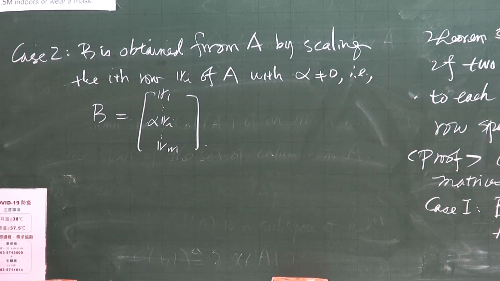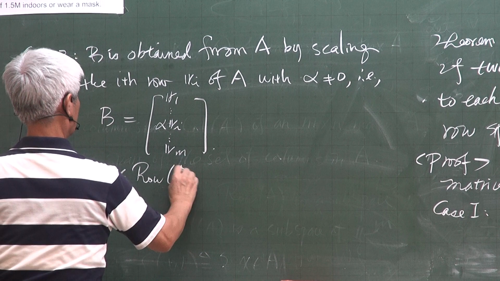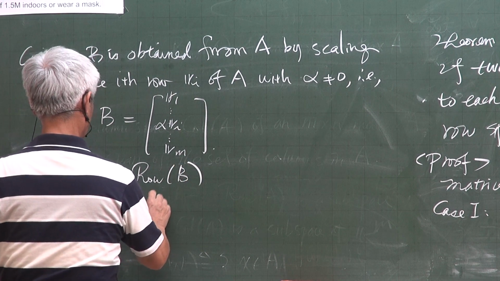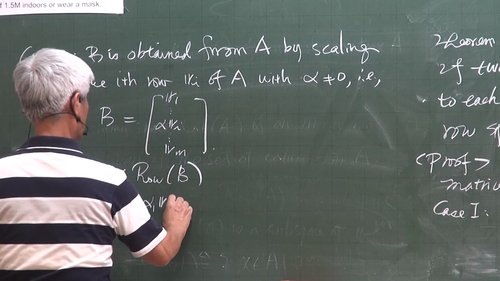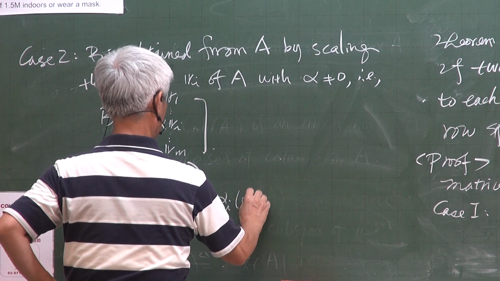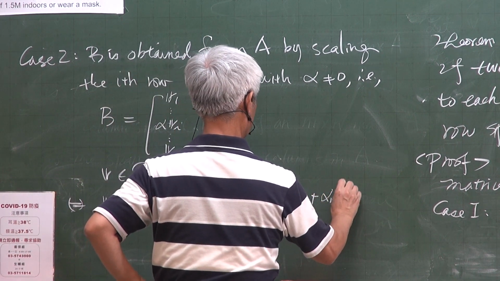So a vector in the row space of B can be written as alpha 1 R1 plus ... plus alpha i (alpha Ri) plus ... plus alpha m Rm.